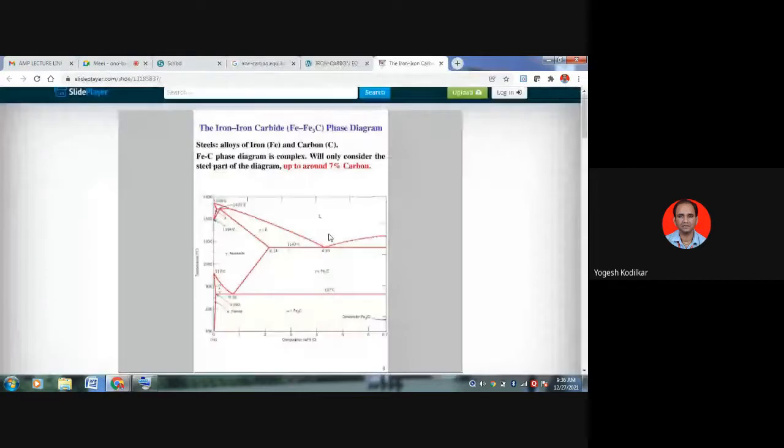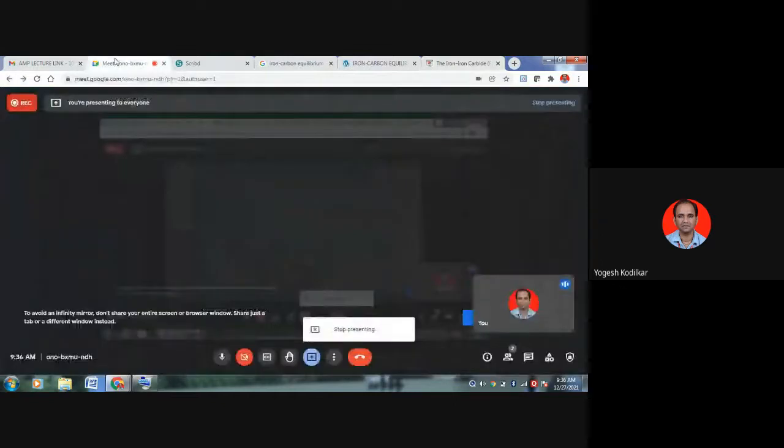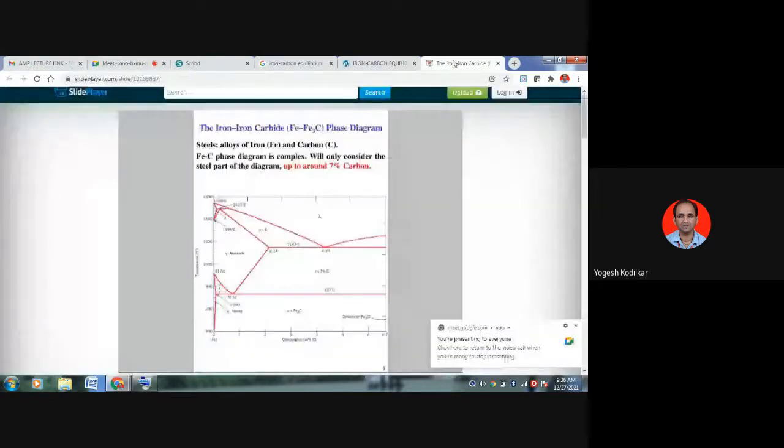As soon as the carbon percentage increases from 0 to 0.022, as shown in your diagram, that is the carbon showing some alpha ferrite phase. This initial alpha ferrite phase is in the body centered cubic crystal structure, BCC structure.